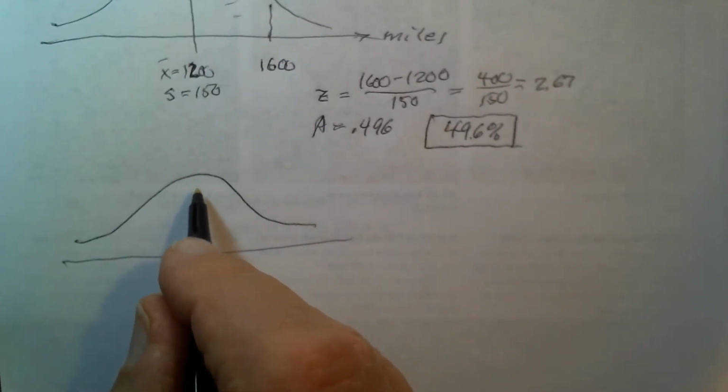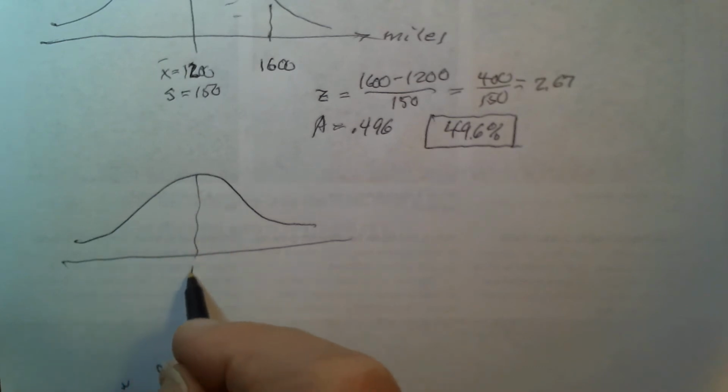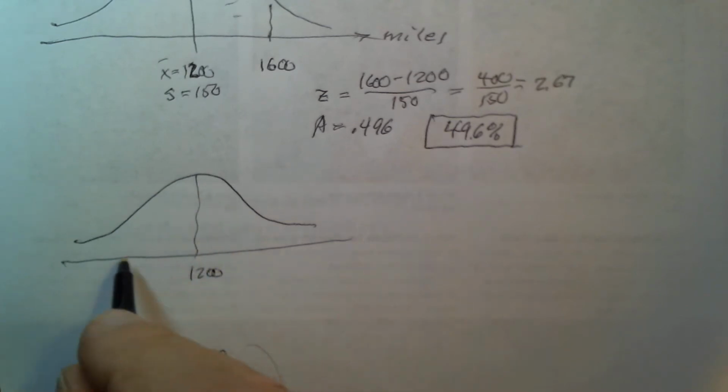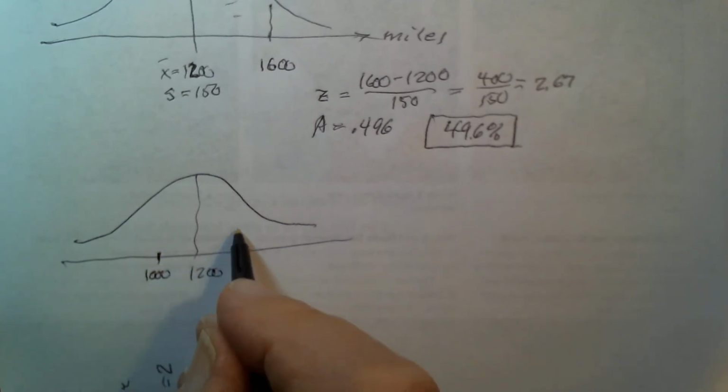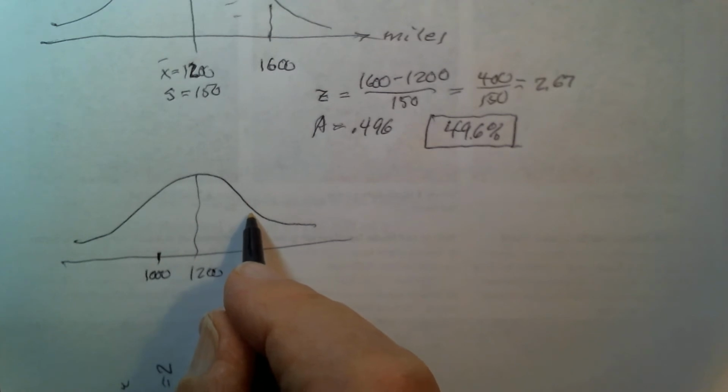The mean of 1,200. And then we ask between 1,000, so 1,000 is about here, and 1,500 would be about here.